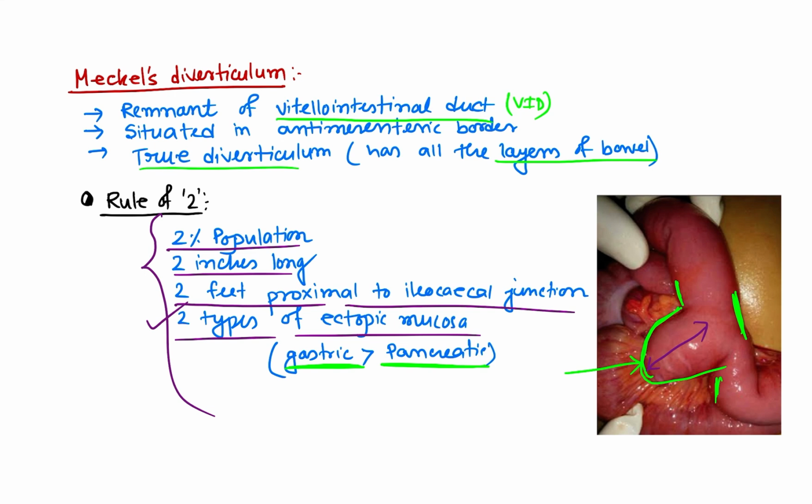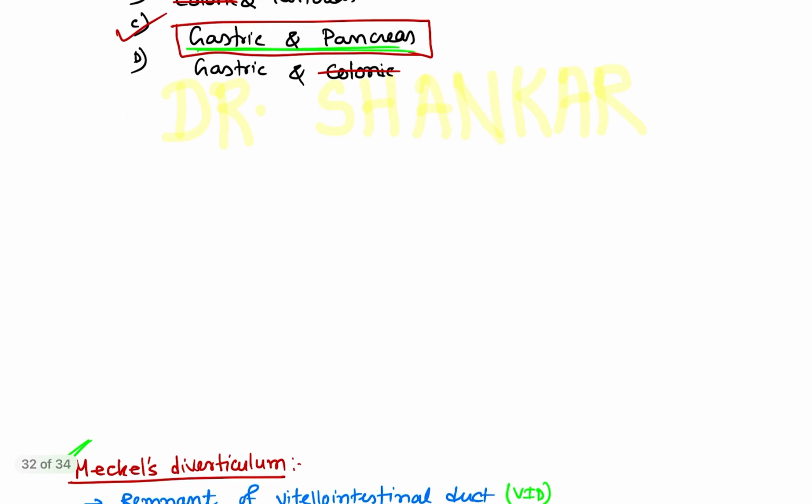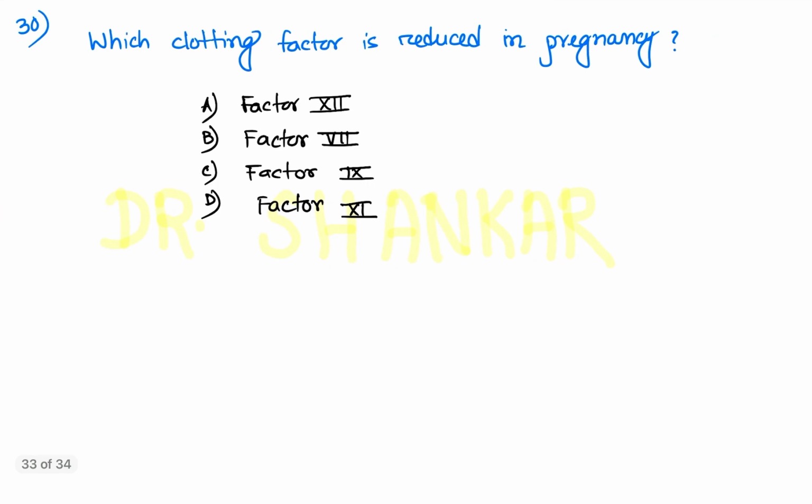You should read all the details about Meckel's diverticulum from your surgery subject, about the diagnosis, the technetium 99 pertechnetate scan, and the management protocol like diverticulectomy or laparotomy, when it is done, in what cases.